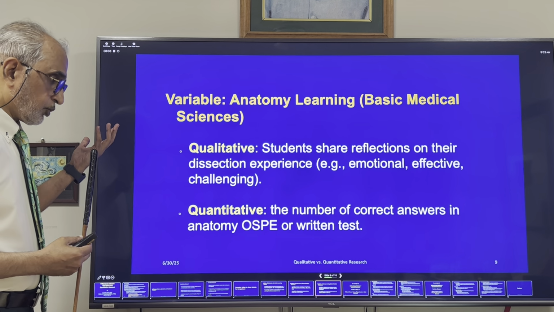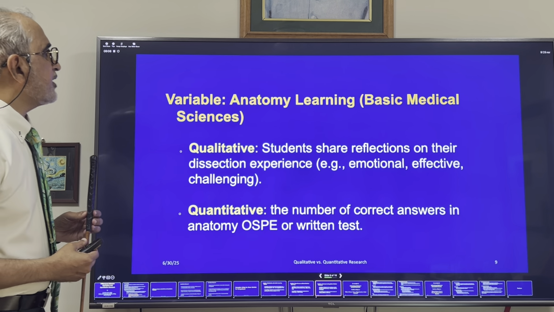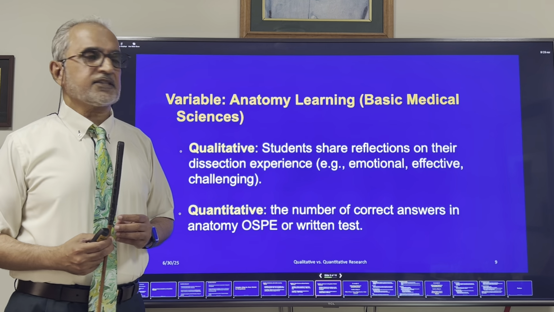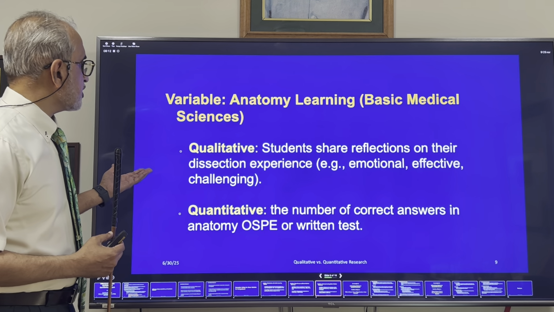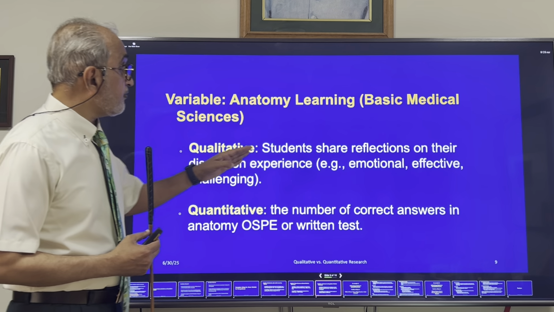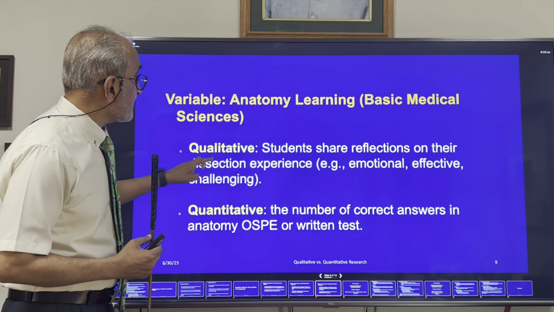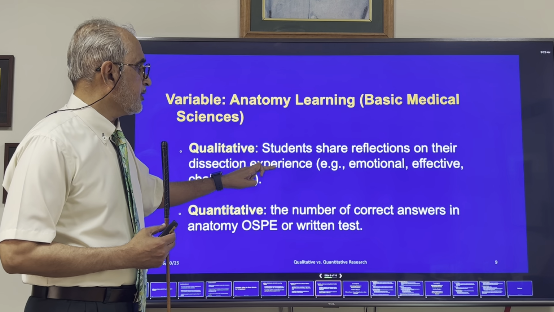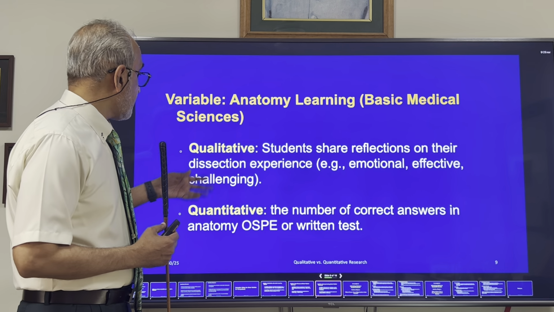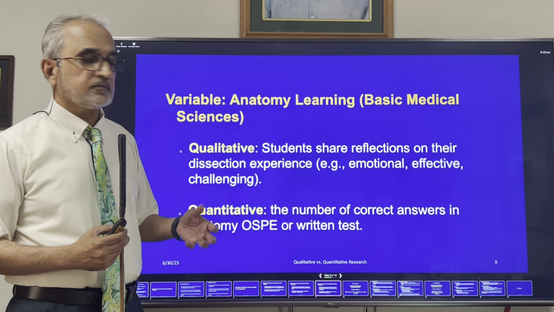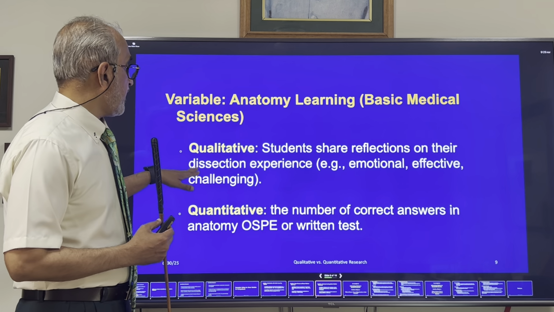Let me take another totally different variable, anatomy learning from basic medical sciences. Qualitative research could be students sharing reflections on their dissection experience, for example, their emotions, whether it was effective or challenging.